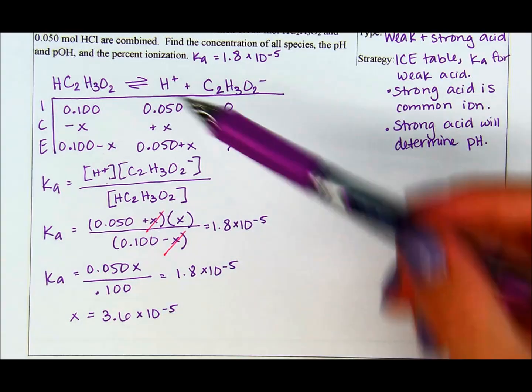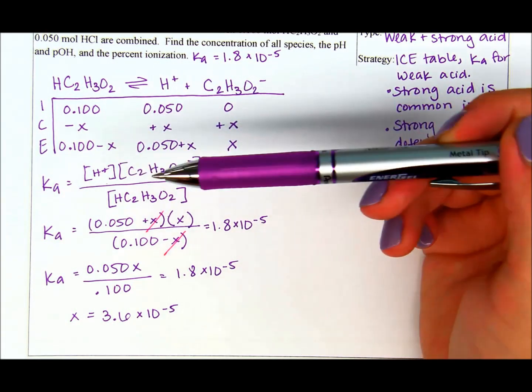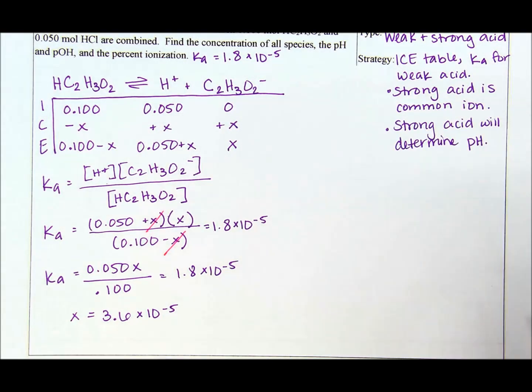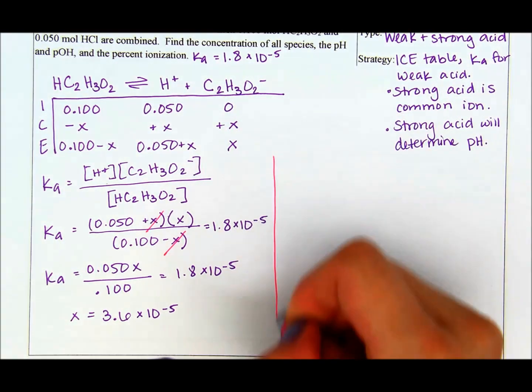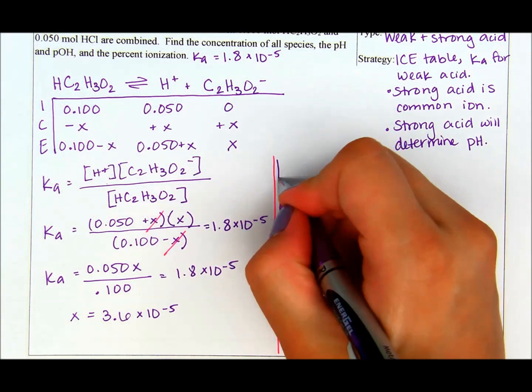Okay, so that's how much hydrogen ions dissociate. So that's your X here. All right, let's find the concentration of all the species. Just write a line to keep myself separated. So the first one, I'm going to do acetic acid.